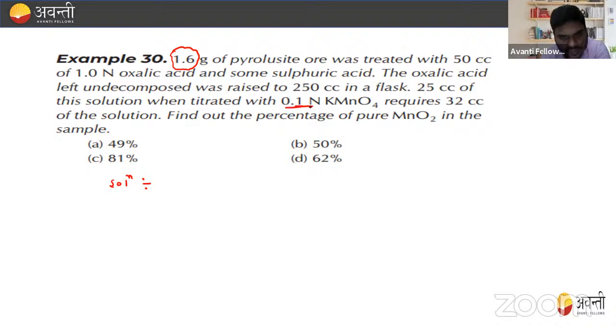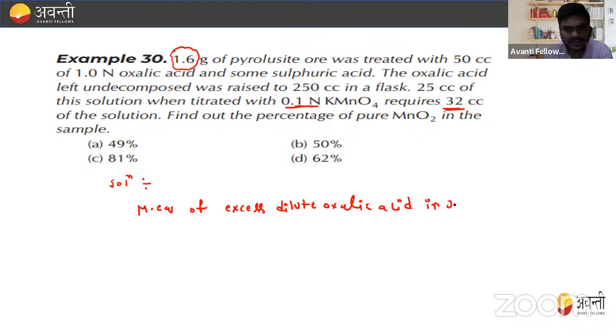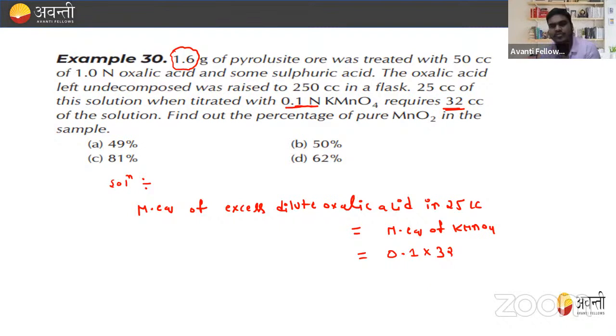So the molar equivalent of excess dilute oxalic acid in 25 cubic centimeter is equal to the molar equivalent of KMnO4, which is 0.1 normality into 32, or we say 32 upon 10, or 3.2. So this is equal to 3.2.